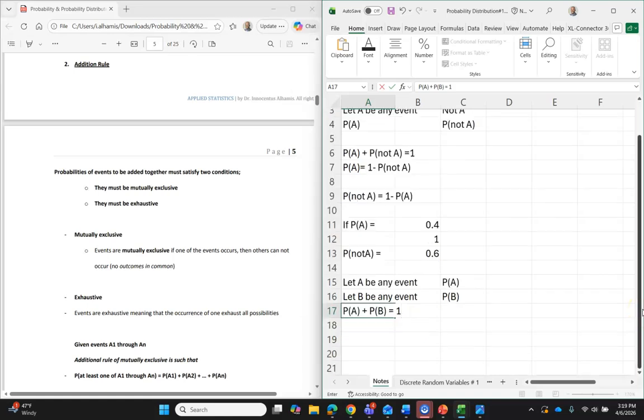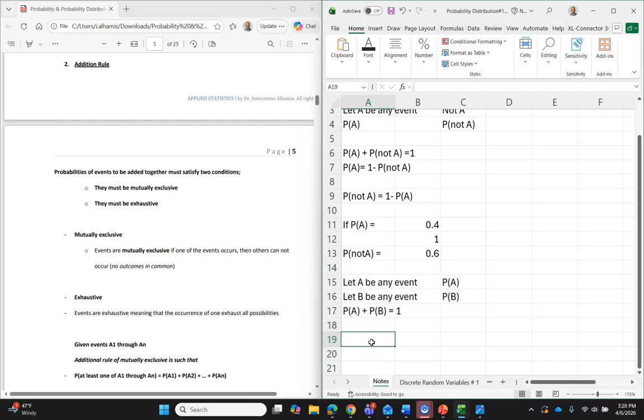If there are some elements that are in A and also in B, they should be deducted. They should be removed. The common elements we call joint. So what does joint probability mean?